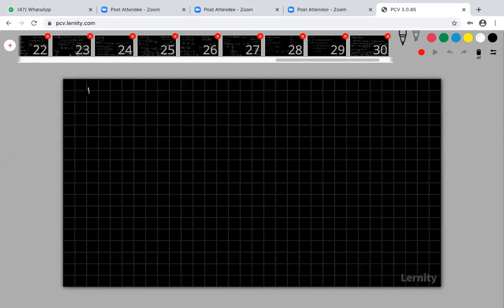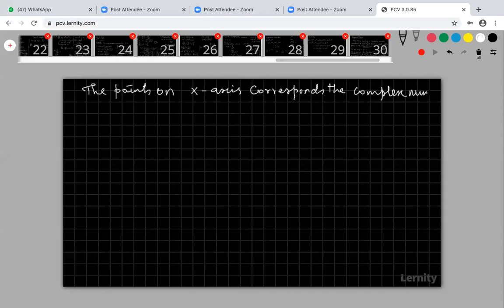Look at that, the points on my x-axis correspond to complex numbers of the form a plus i0.